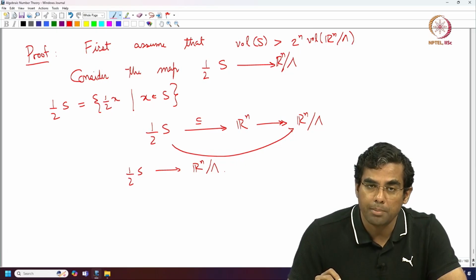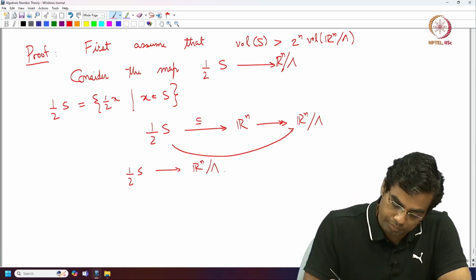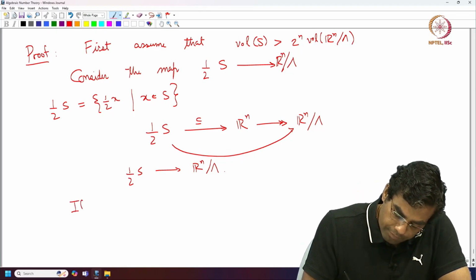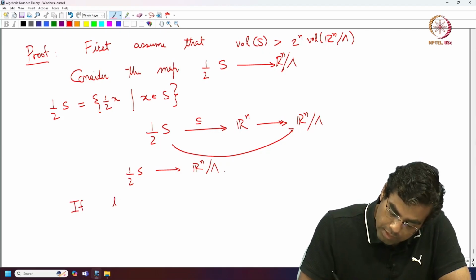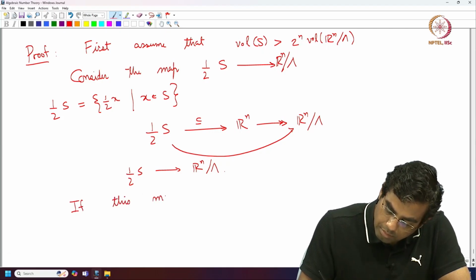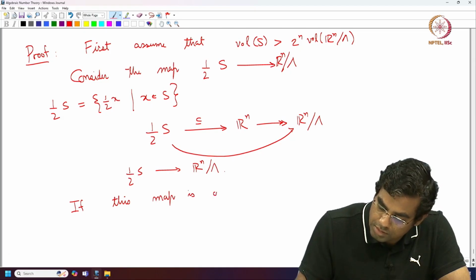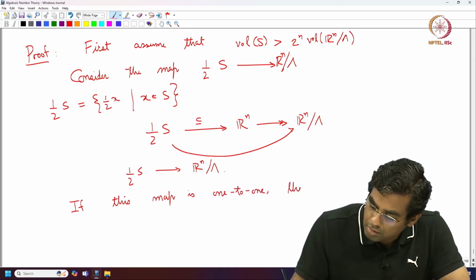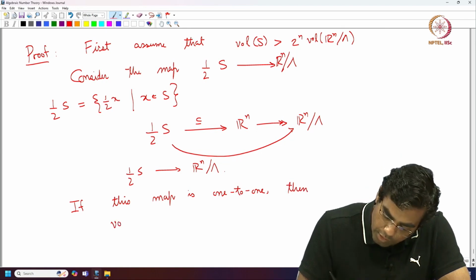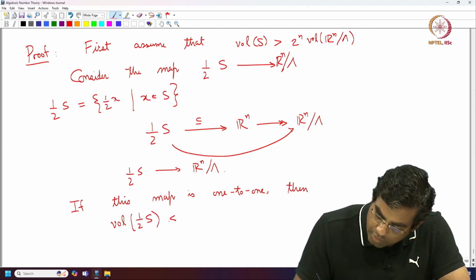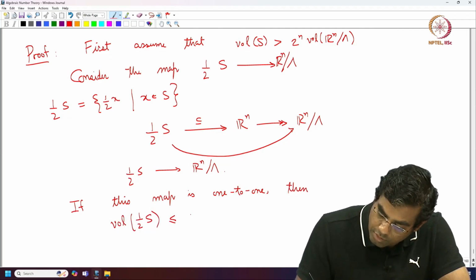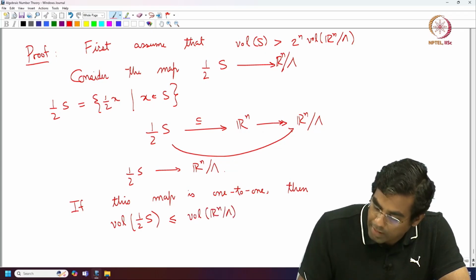Now, if this map is 1 to 1, what do we know? Then volume of half of S will be, not strictly, but less than or equal to volume of R to the n mod lambda.